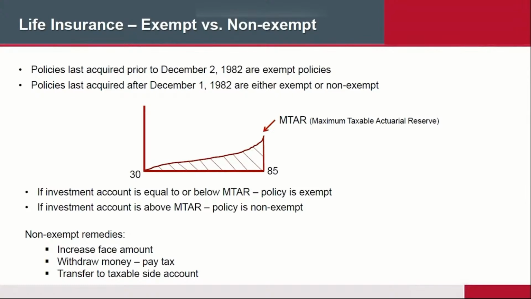So let's take a look, first of all, at how a product that is issued, acquired after December 1st, 1982 maintains its exemption status. And remember that when we're talking about exempts, what we're talking about is tax sheltered. In other words, there are no T3s, no T5s.